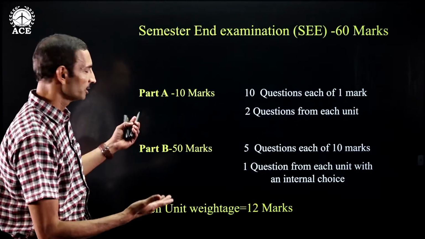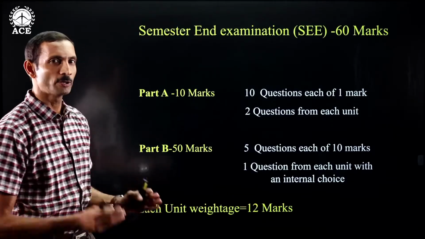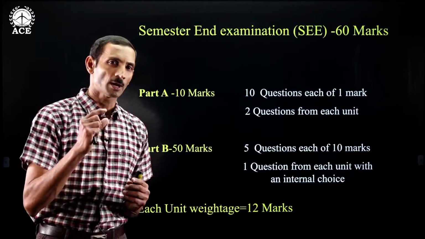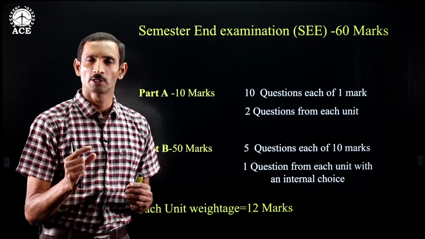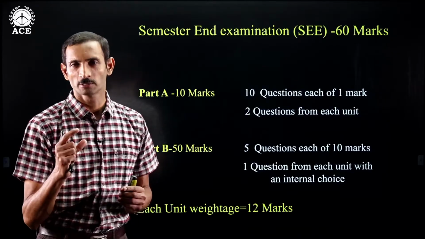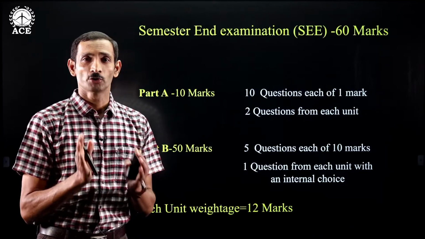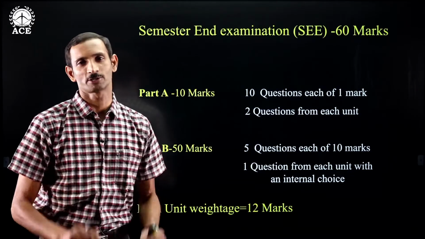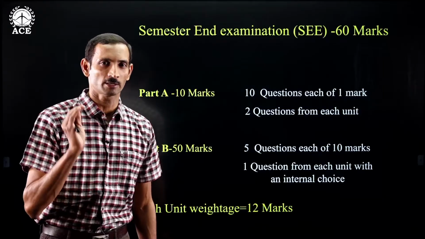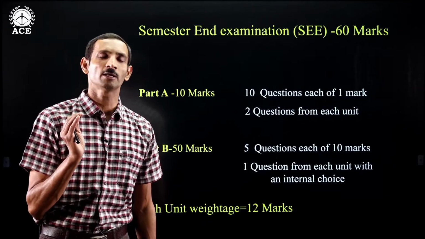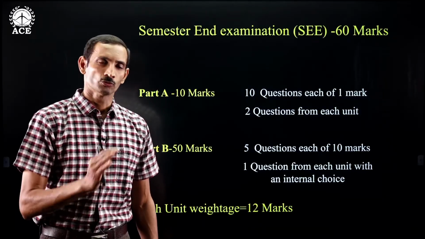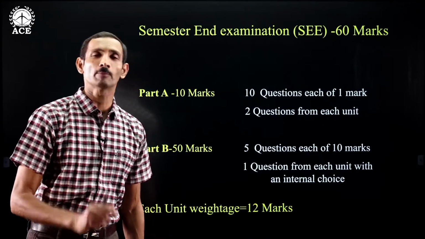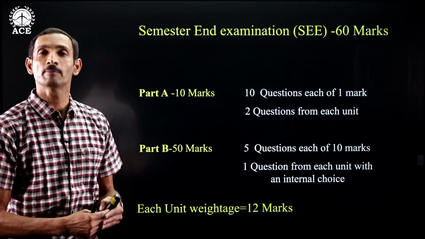You may write part A first or part B, but you need to think that the time management should be such that whatever you attempt in part A, the 2 questions from a particular unit, and the long answer in part B from the same unit, should be completed in an average of 36 minutes. If you keep that idea in mind, it becomes rather easy to complete the entire paper in the stipulated time. Often people complain about their time management.